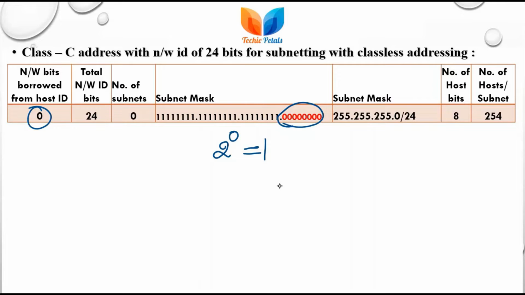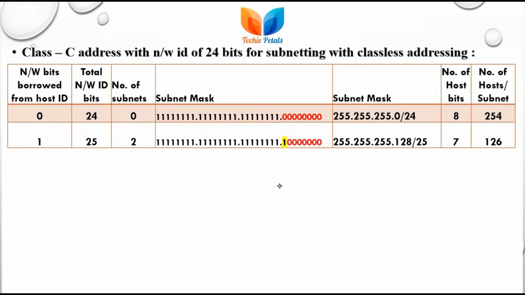As we discussed with earlier slide, bits to represent hosts is 8, and we will be having 2 raised to power 8 minus 2 hosts, that is 254 hosts. Coming to the next, if we are borrowing one bit from the host ID, so if we borrow this one bit to represent the network ID, then in that case you can have 2 raised to power 1 equals 2 networks.